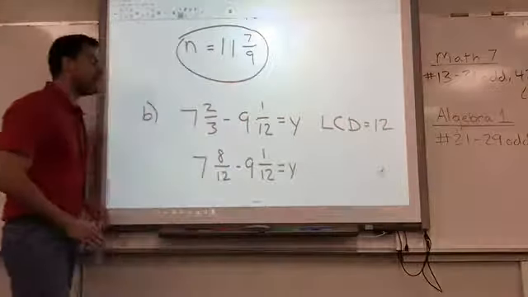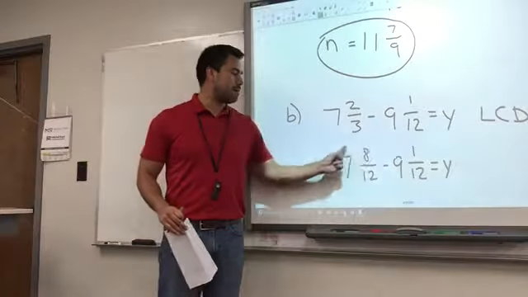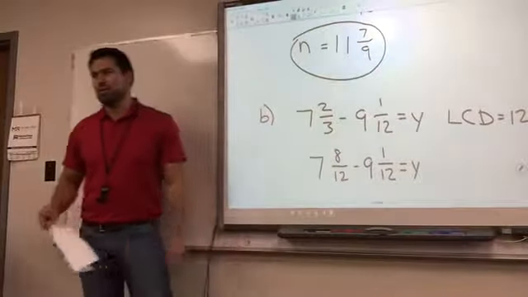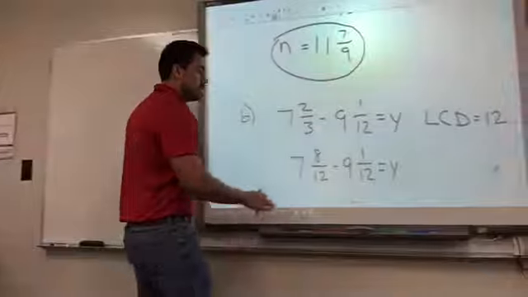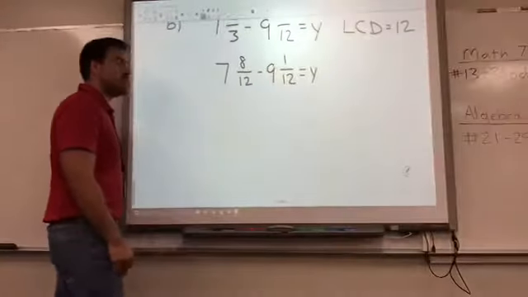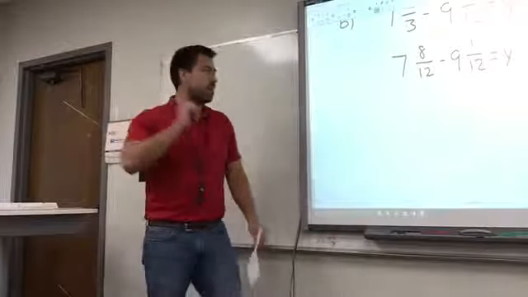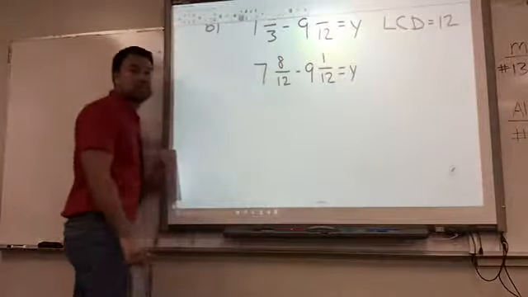All right, before I work this out, I realize I have a number minus a bigger number. So it's going to be negative. So how am I going to subtract this problem here? Am I going to do 7 minus 9 and 8/12 minus 1/12?